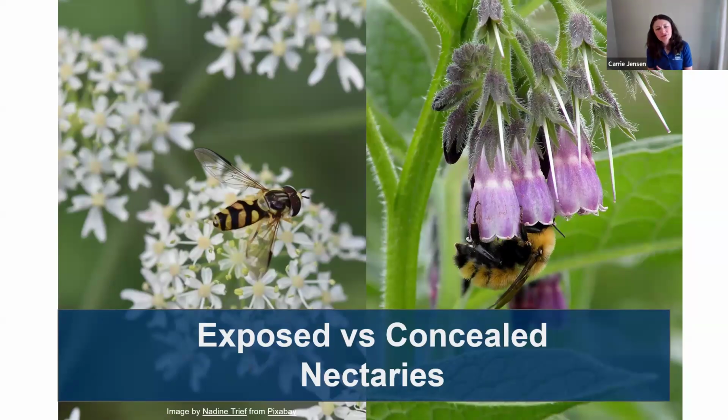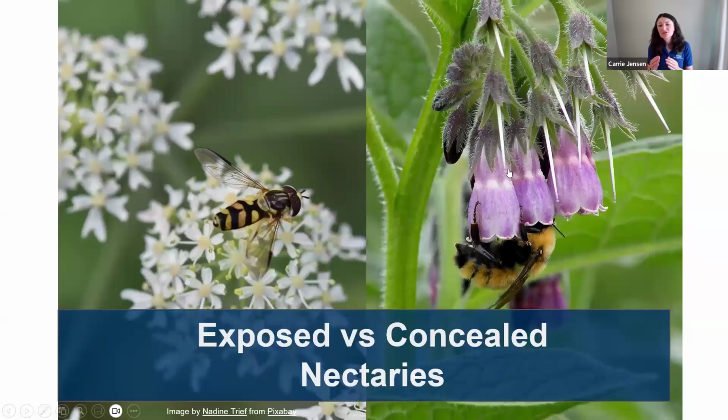Exposed versus concealed nectaries is also important. So some flowers, their nectar and pollen is out and really easy to access. And then there are other flowers that are built so that the nectar and pollen is hidden away and really hard to get to. Both of these can be used in your garden, of course, but if you want to get a wider variety of insects, having the exposed or open nectaries will bring in more insects because more insects can access this.